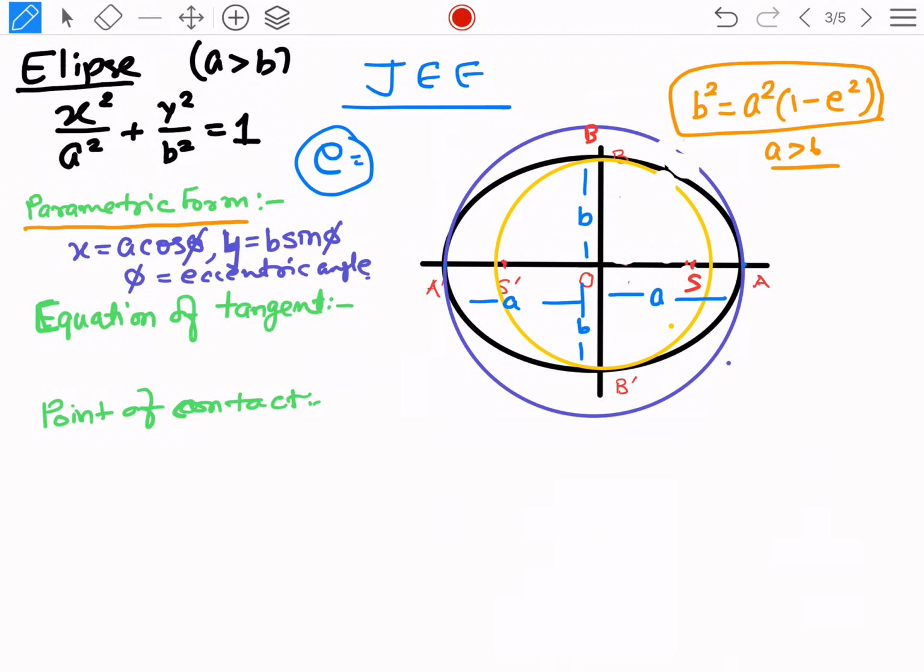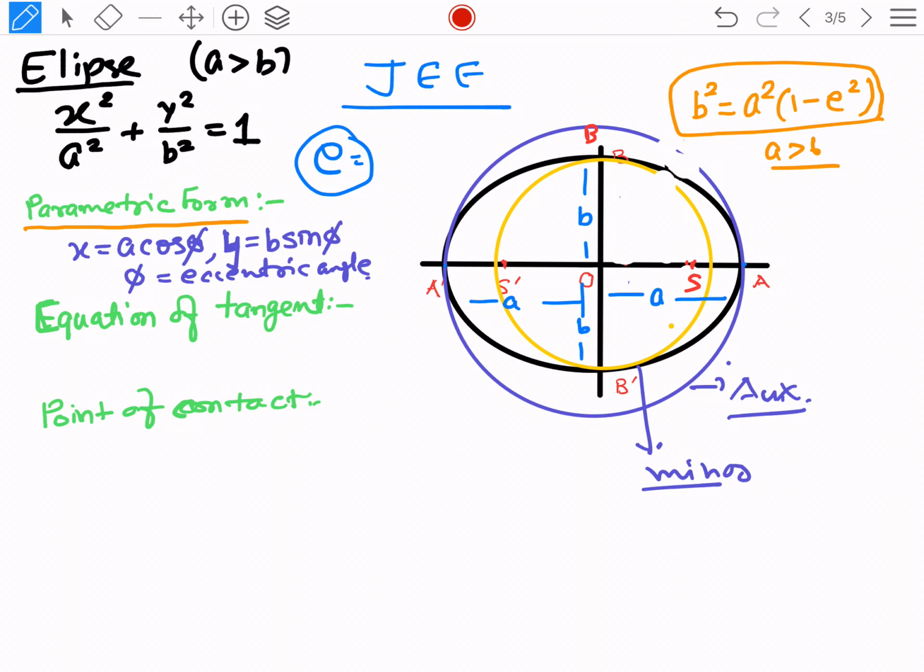This big circle is called the auxiliary circle, and this is called the minor circle. The minor circle is not important here, but sometimes we can read about this also.